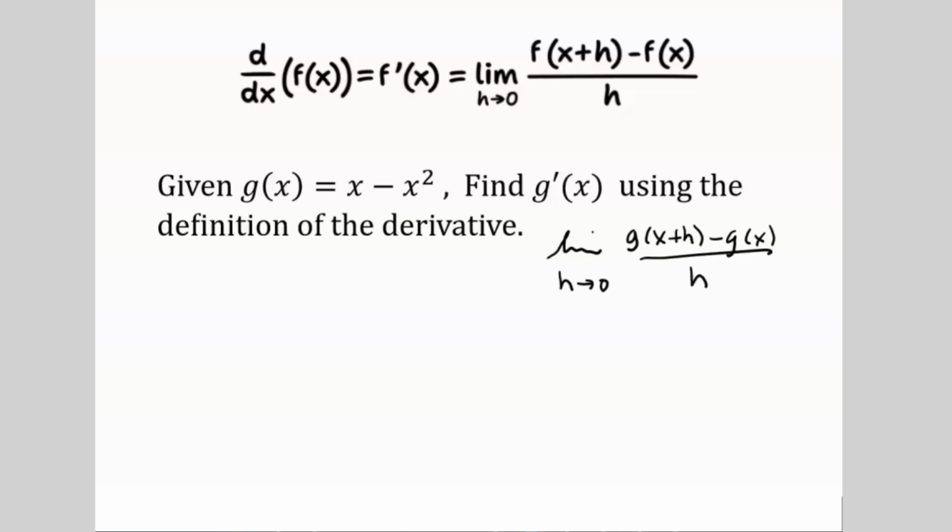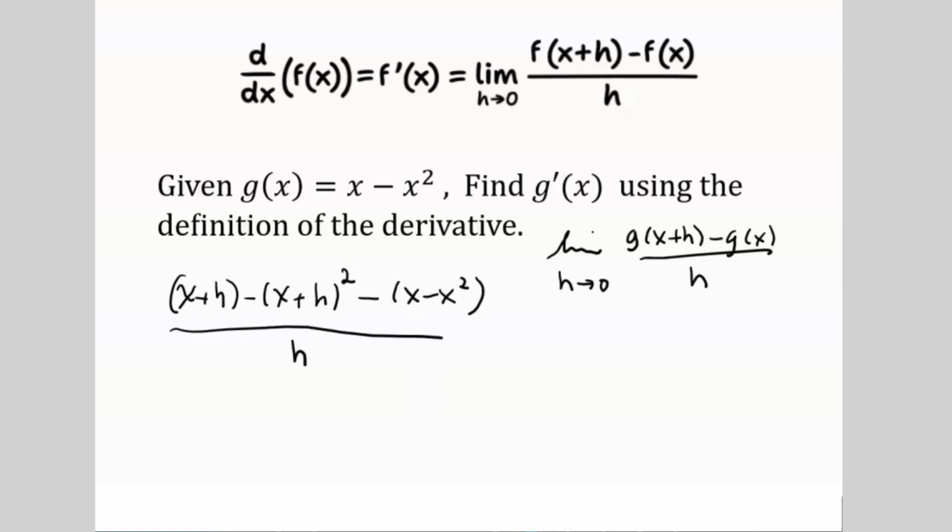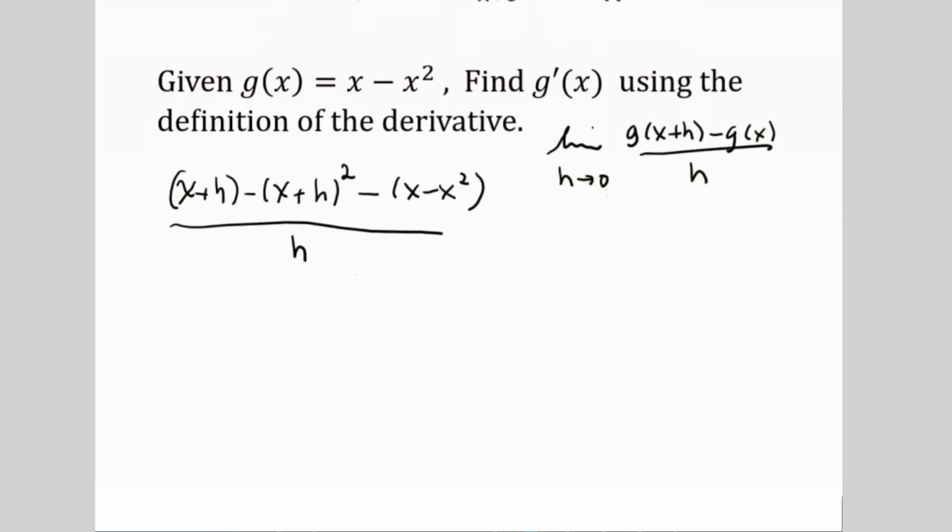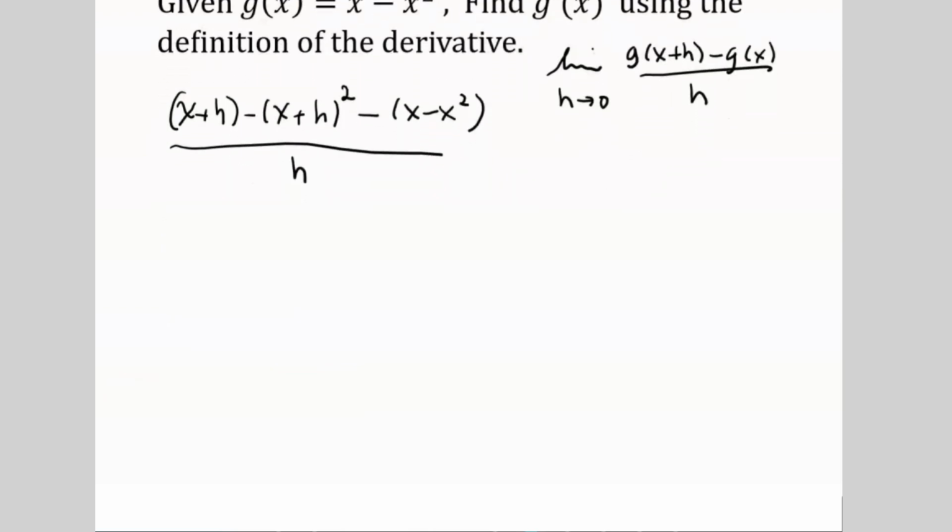Okay, so let's do g of x plus h. So that would be x plus h minus x plus h squared, minus g of x, so minus x squared, all divided by h. All right, so let's simplify the numerator.